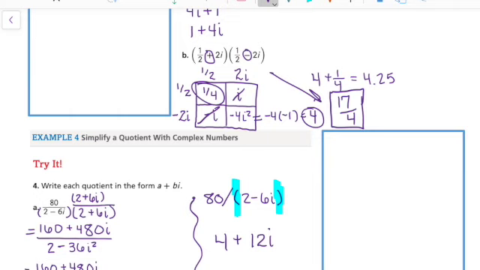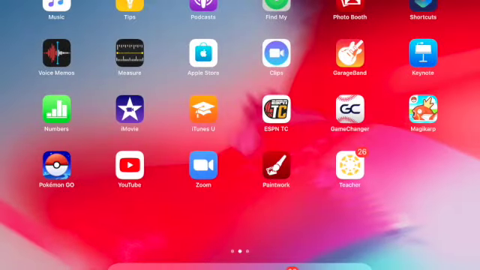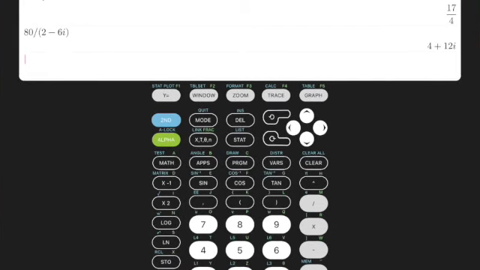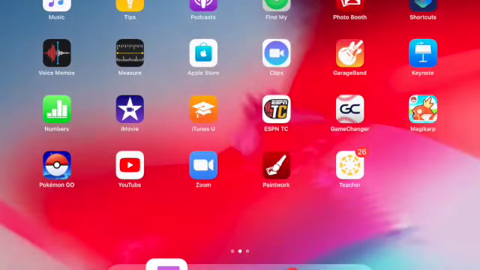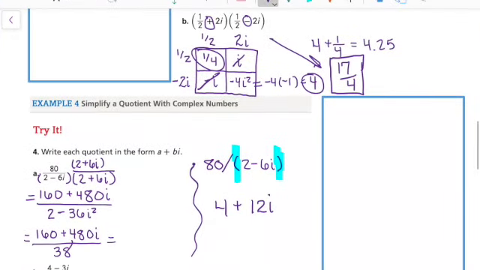And I have made a mistake in my work over here, so let's go back and look. Or did I make a mistake here? I made the mistake here.